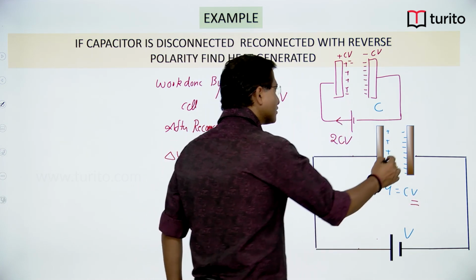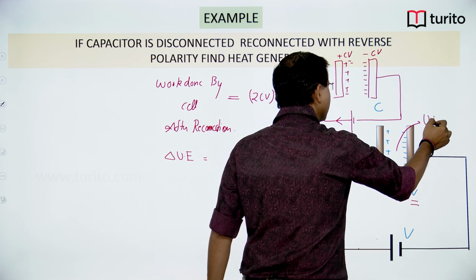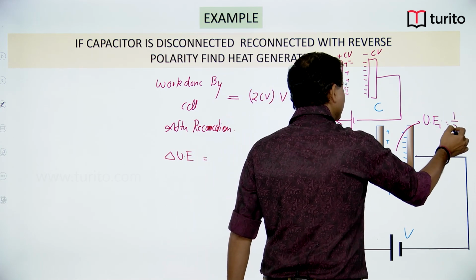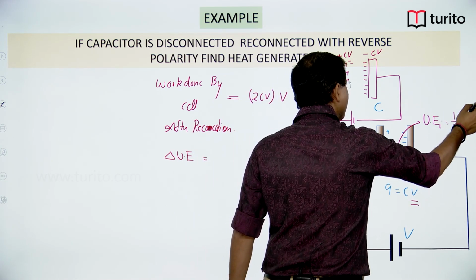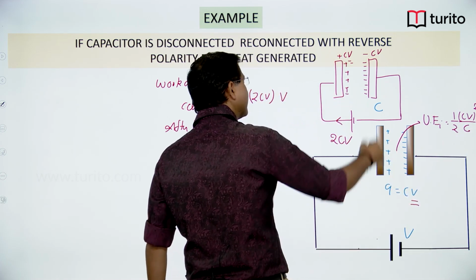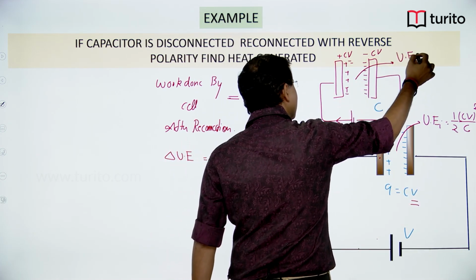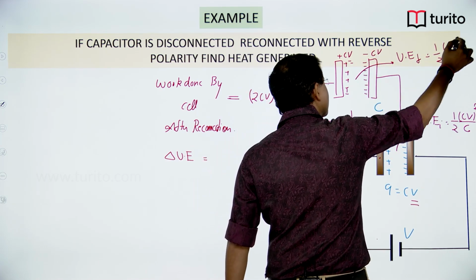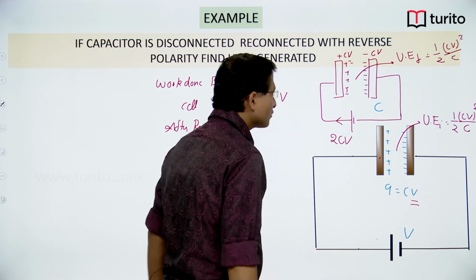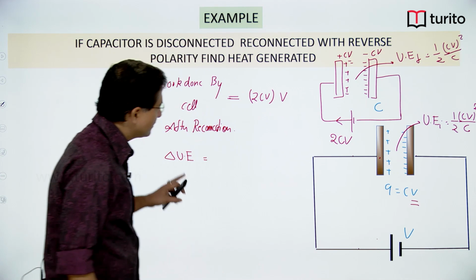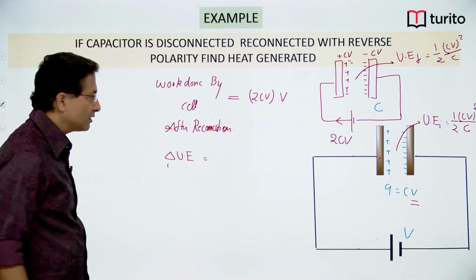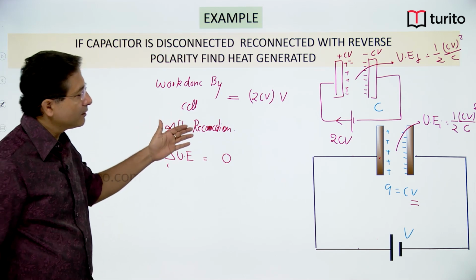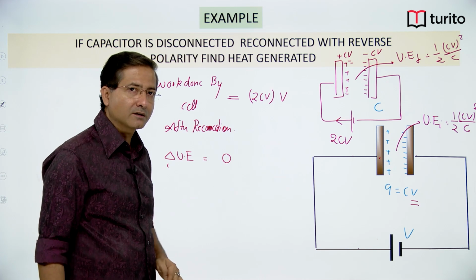So, initial energy stored is half Q square by C, and final energy stored is again, because the charge is the same, half Q square by C. So, both the terms are the same, that means final minus initial is 0. The battery is doing work, but there is no change in energy stored in the capacitor.